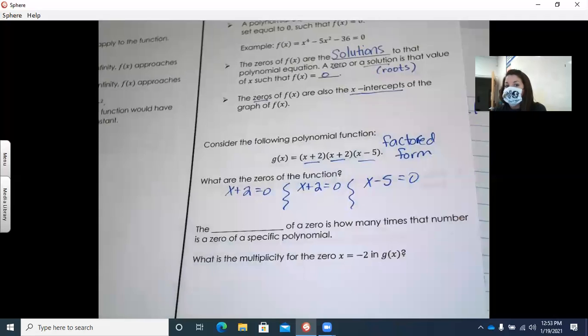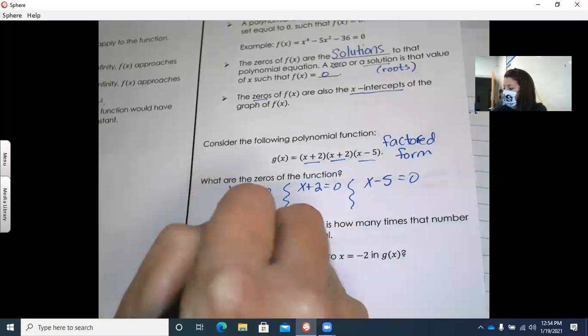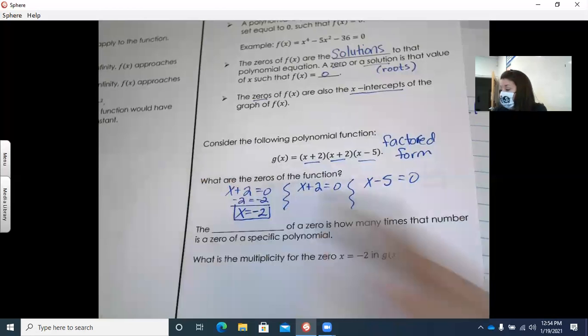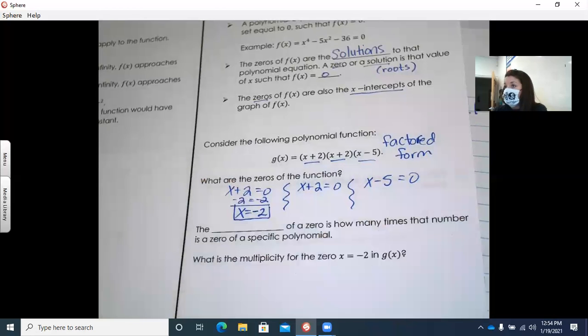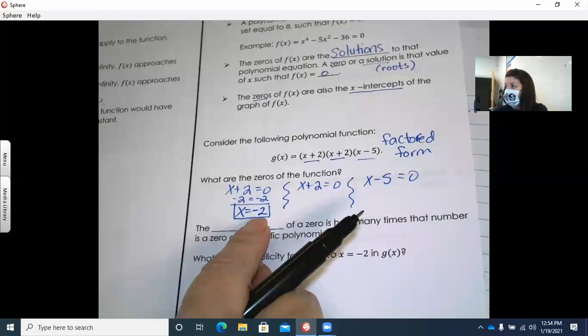So for x plus 2 equals 0, how will I get x by itself? Subtract 2 from both sides. So that gives me a solution of -2. That's one of my solutions. Notice the sign is opposite of what it was in the parentheses, right? So if my solution is -2, the factor that went along with it was x plus 2.